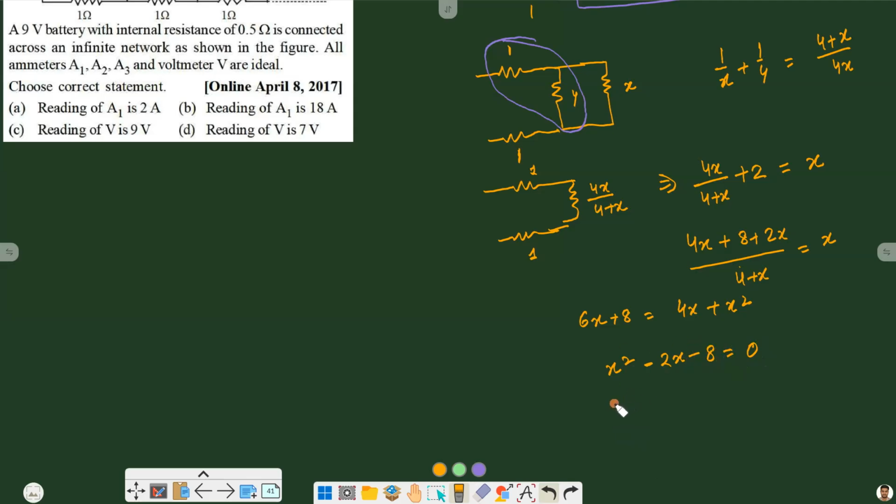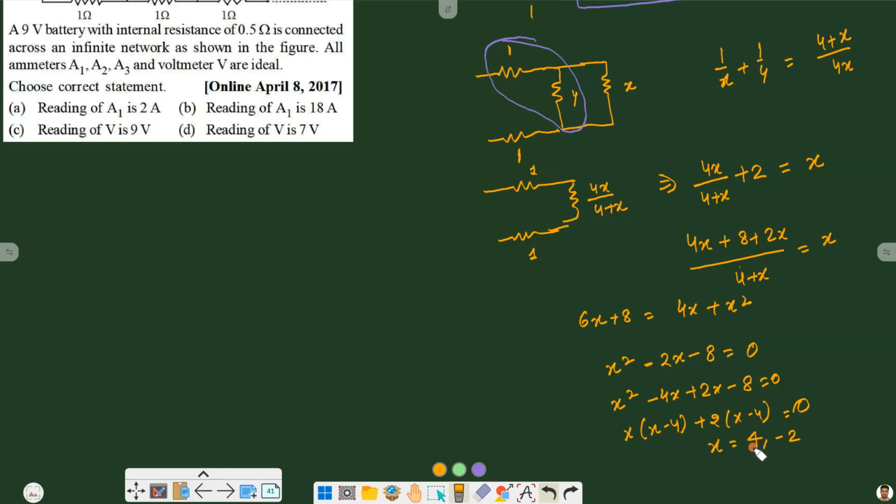This can be further written as x square minus 4x plus 2x minus 8 equal to 0, and its factors will be x minus 4 times x plus 2 is equal to 0. So the value of x comes out to be 4 comma minus 2. So we take the value of x is equal to 4.